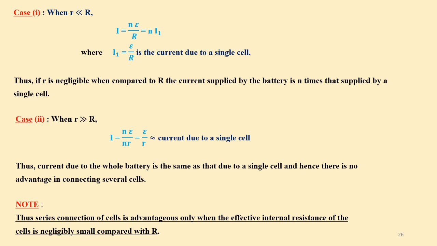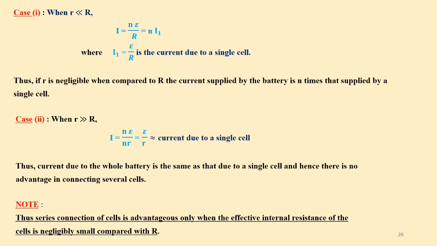Case 2. When internal resistance small r is very large compared to the external resistance capital R. So in this case, small r is greater and hence capital R can be neglected in the above equation. Therefore, I is now equal to N times capital E divided by N times small r.